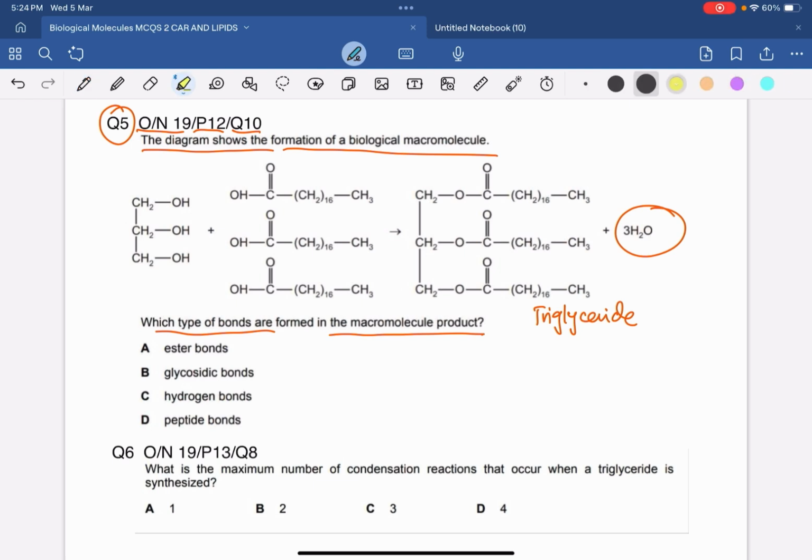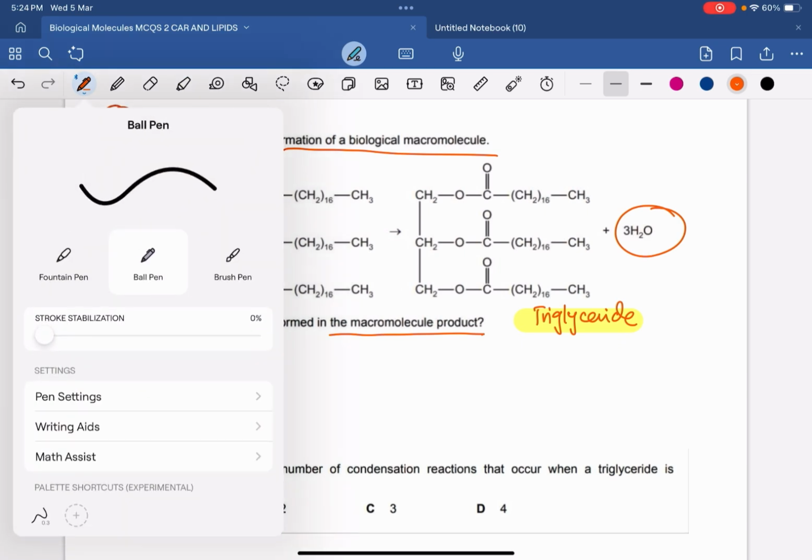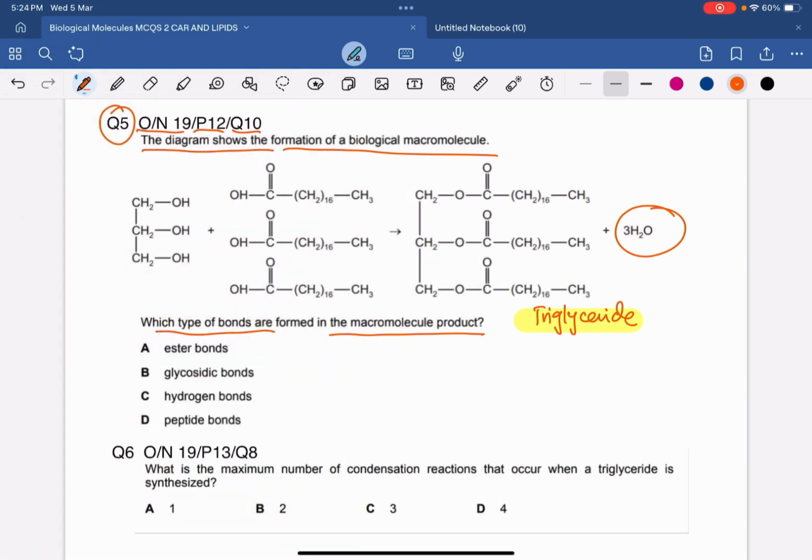So basically they are saying that in the formation of triglyceride, which type of bonds are formed. I already told you guys in the above MCQs as well which type of bond will be formed. This is known as the ester bond, C double bond O, right? It is made when the carboxylic acid group reacts with the alcohol group.